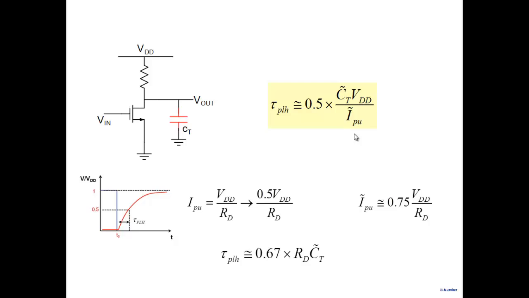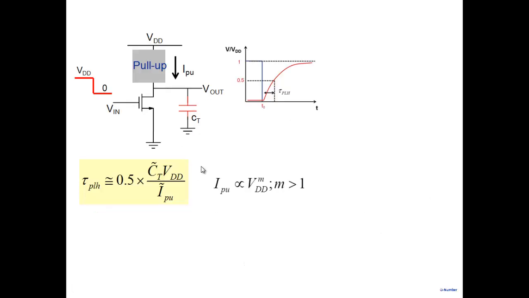Very simple calculation of the average, getting a first order estimate of how much delay comes from charging this particular capacitor. As I said, it can be a transistor. So all that you need to do is calculate the initial current, calculate the current at the end, take an average, and then calculate the delay.